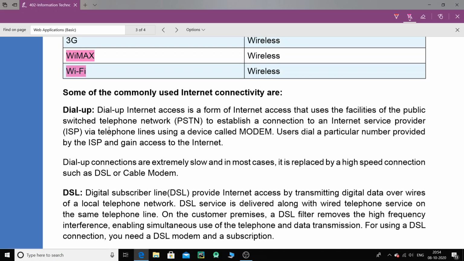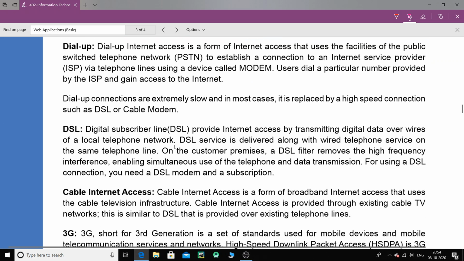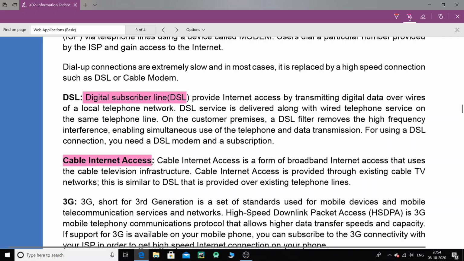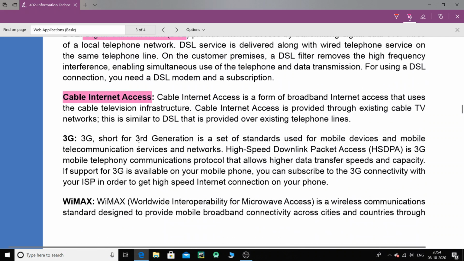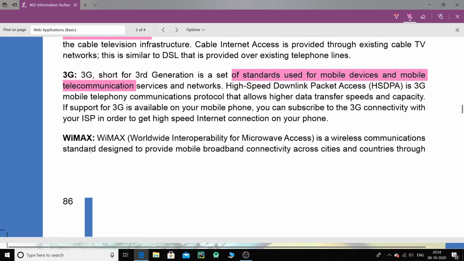Okay, what is modem, and DSL, which stands for digital subscriber line, cable internet access, 3G, which stands for third generation, 4G, which stands for fourth generation. Now we are going to come up with 5G.